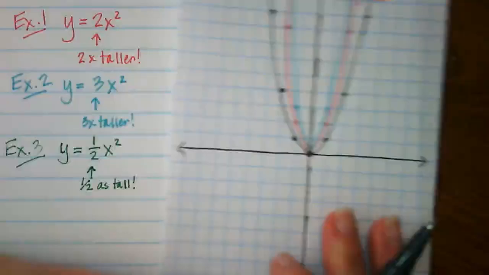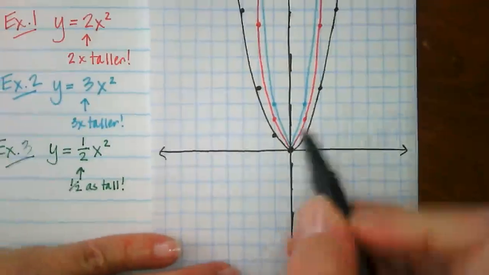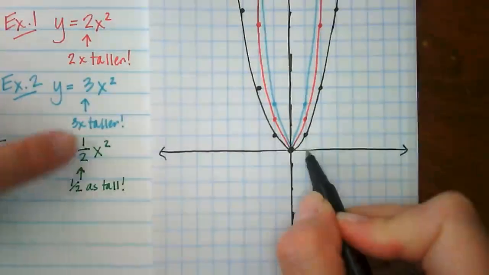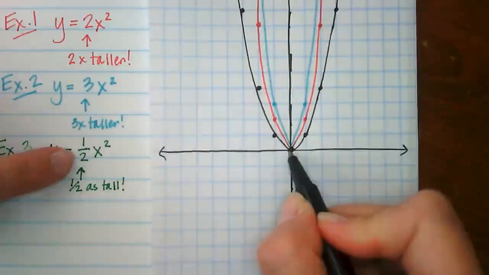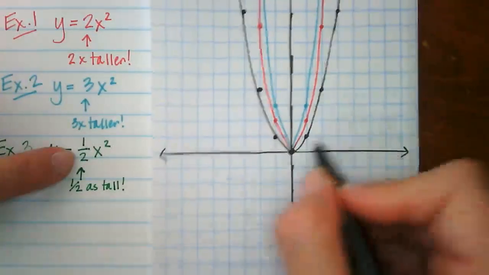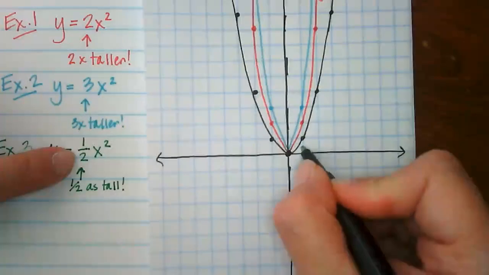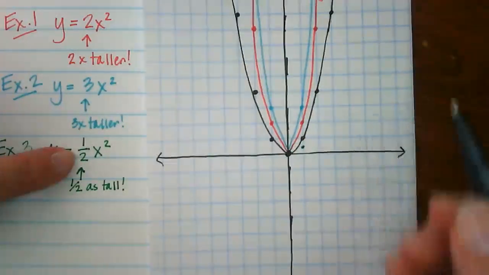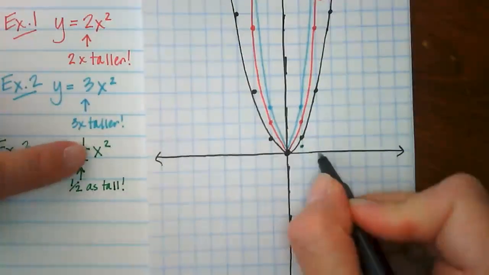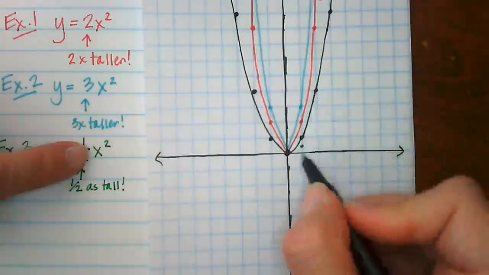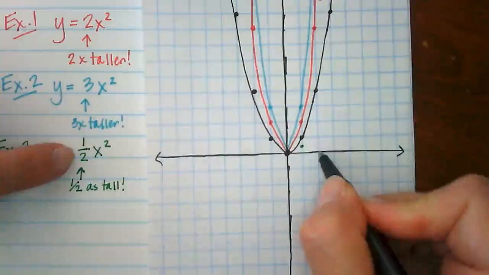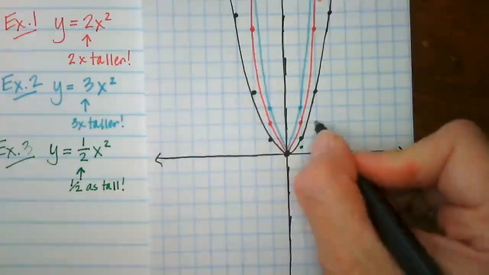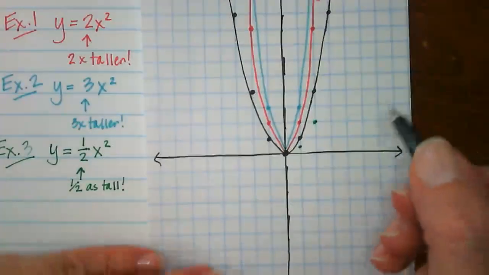Because if we're, again, starting at 0, 0, if we go over 1, a normal parabola would go up 1, but this time we're going to go over 1 and up just a half. A normal parabola would go over 2 and up 4, but if we fill in 2, half of that, we're only going to go up 2 spaces.